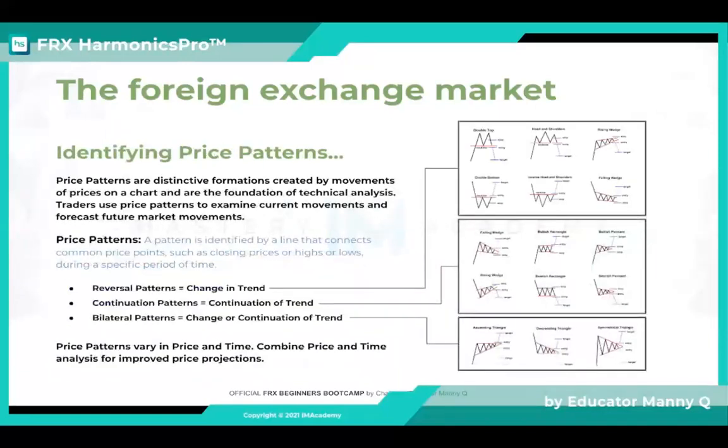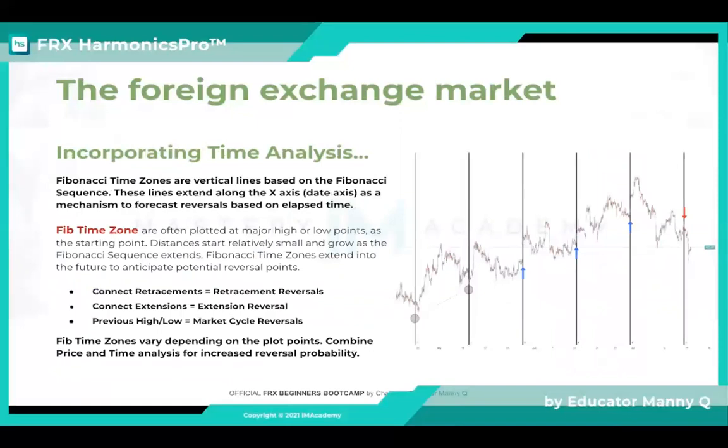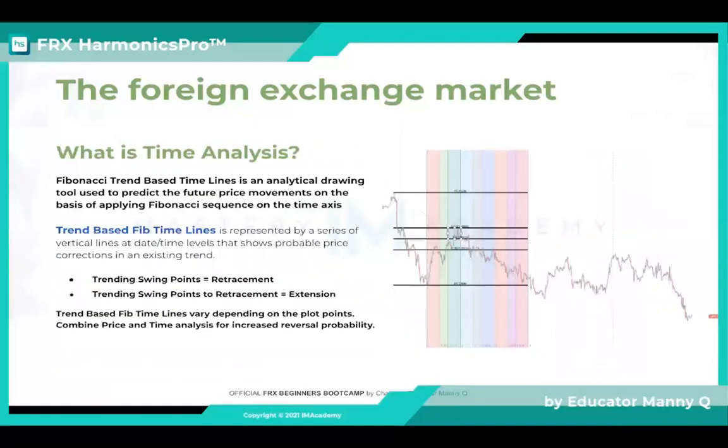We then dove a little bit into price patterns and how price patterns can aid you in the expansion and contractions of prices between the levels and the waves and the cycles. And then we began to train on how to incorporate time analysis for market cycles and how to incorporate trend-based fib time levels to pinpoint areas of price and time reversals with higher probability.